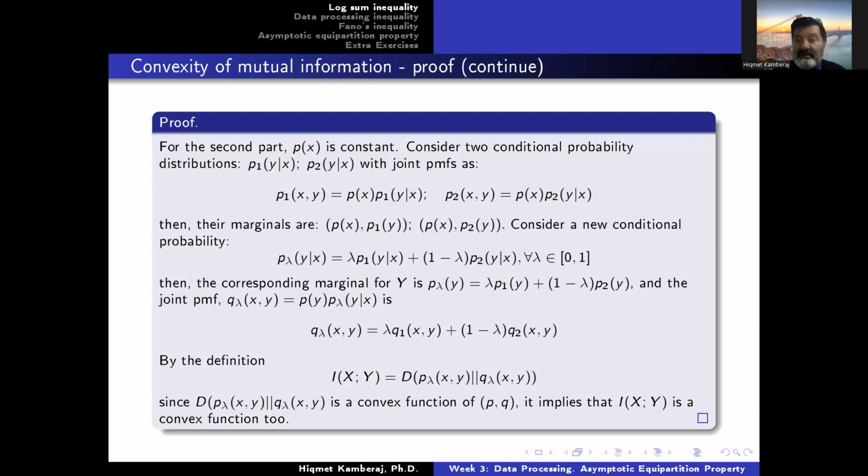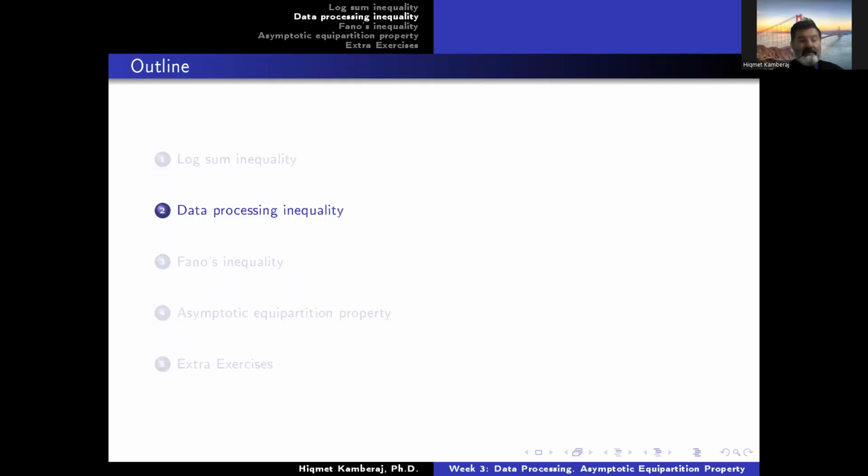By definition, the mutual information between x and y is equal to the relative entropy of the two probability mass functions P lambda of x and y and Q lambda of x and y. Since the relative entropy is a convex function of P and Q, it implies that the mutual information between x and y is a convex function too, which proves the theorem.